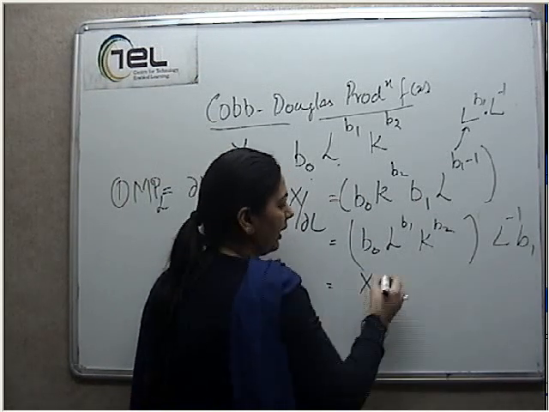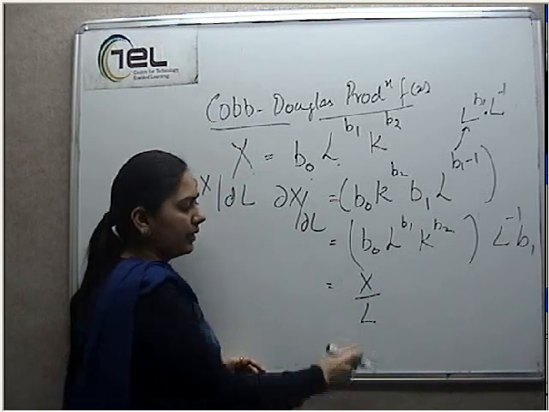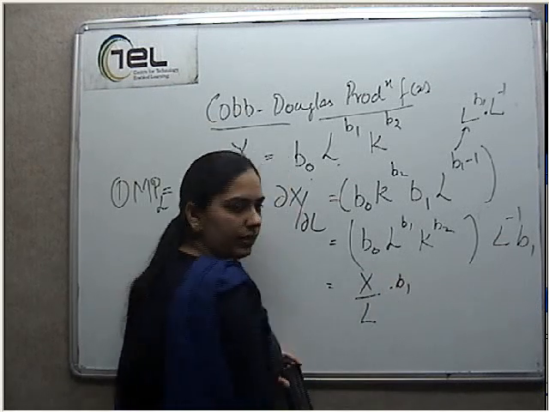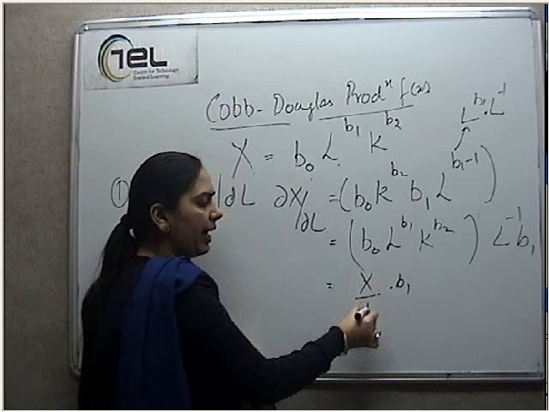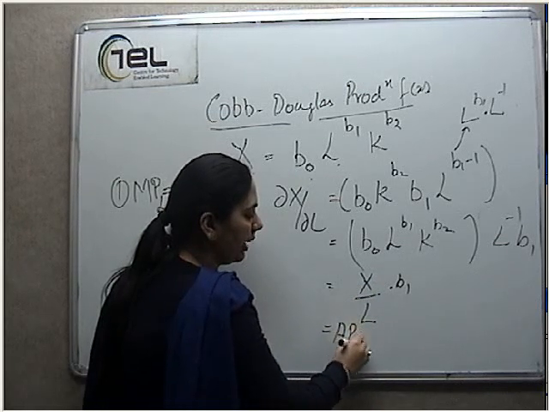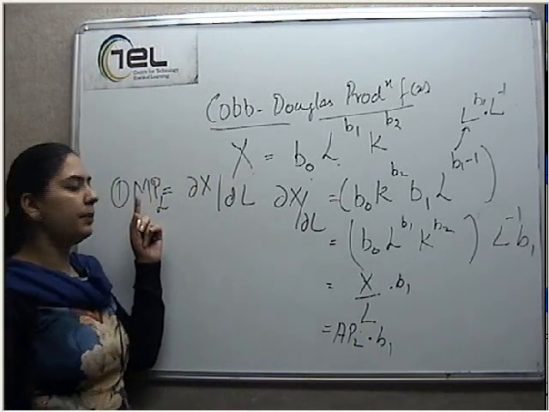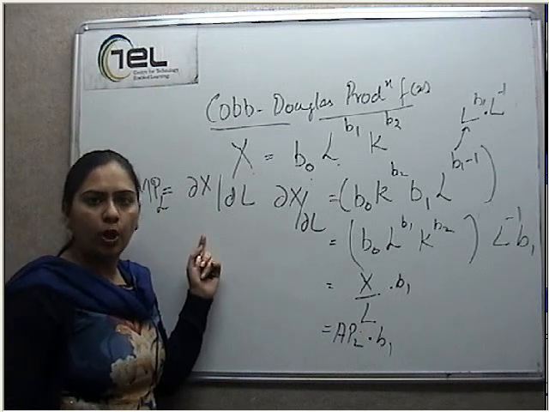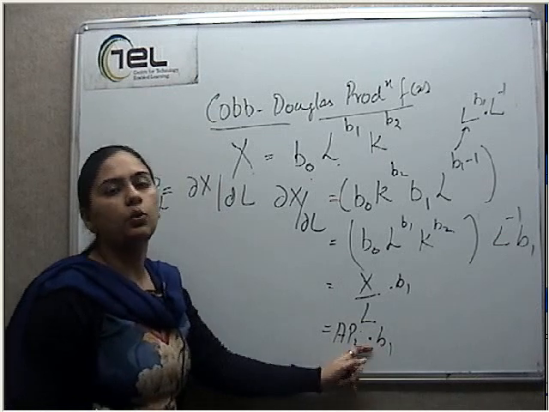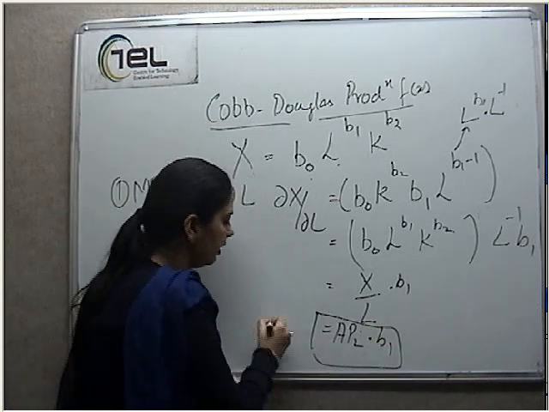L to the power minus 1 can be written as L in the denominator, multiplied by B1. Now x by L, by formula, is the average product of labor. That means the marginal product of labor for the Cobb-Douglas production function is equal to B1 into the average product of labor. That is what we get as our result.